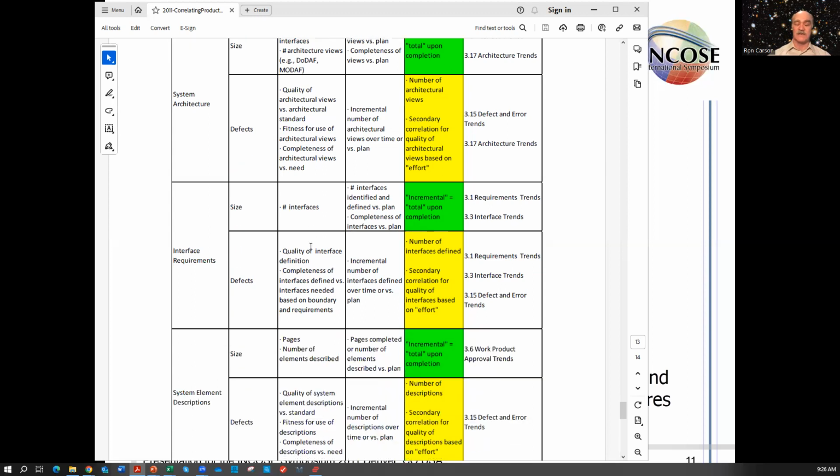Interface requirements, and I loathe that label, as I've discussed before in other sections, but that was one of the work products for this process activity in the INCOSE handbook. So quality of interface definition, completeness of the interfaces might be correlated because you can count the number of interfaces defined versus time or versus a plan, but the quality of the interface definition is a little more difficult to assess.